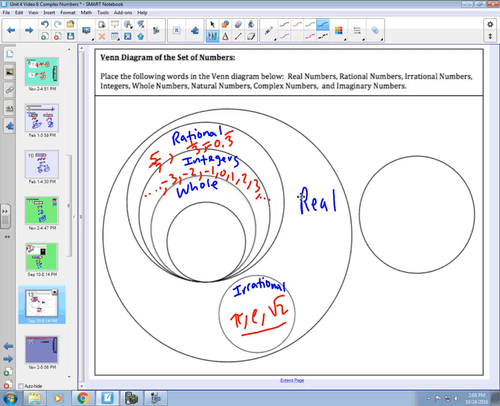Those would just be all our positive whole numbers, including 0. And then with that, we have a group called natural, or our counting numbers. That'd be the same group, just not counting 0. Just your counting numbers, 1, 2, 3, 4, etc.